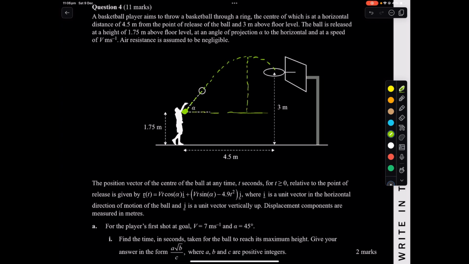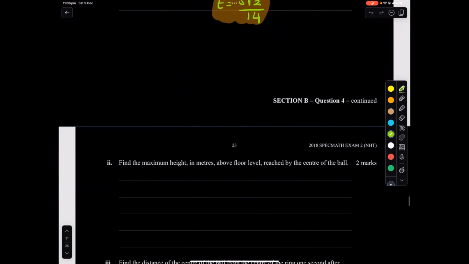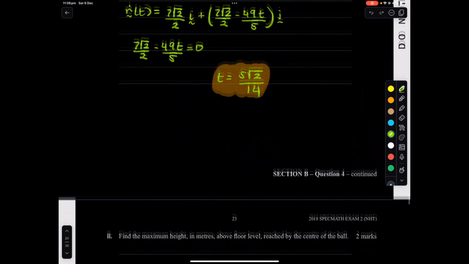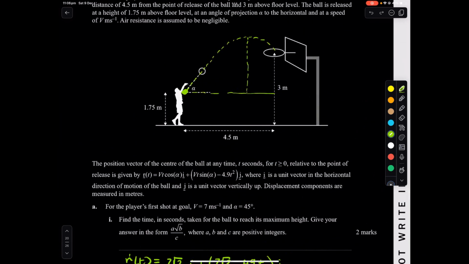Remember, we've thrown the ball from here. So if we find this height, we need to add it to the 1.75, because the question is telling us the maximum height in meters above the floor level. So it's going to be this plus the 1.75. Nice and easy.